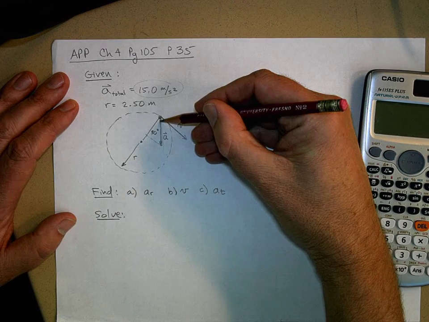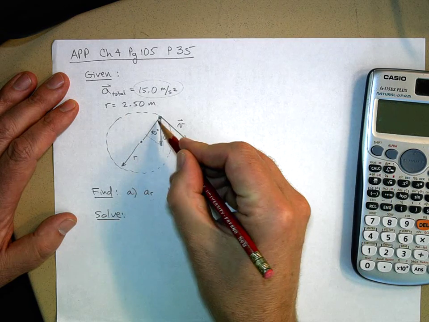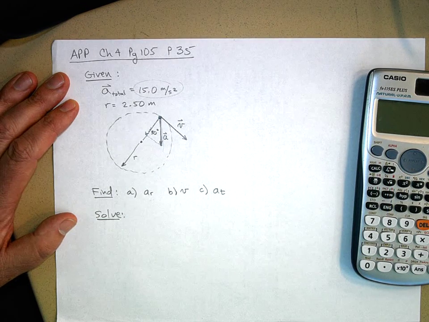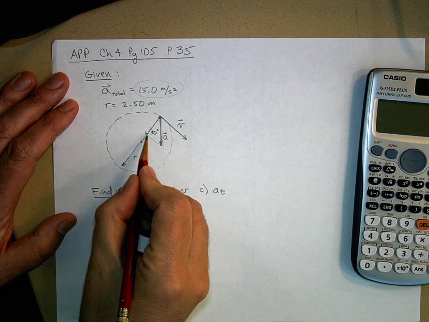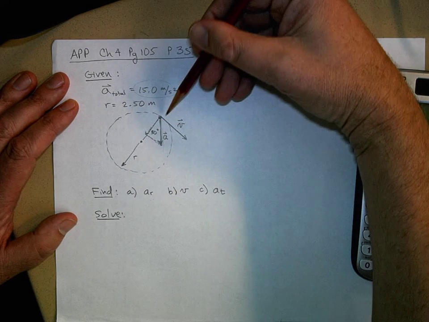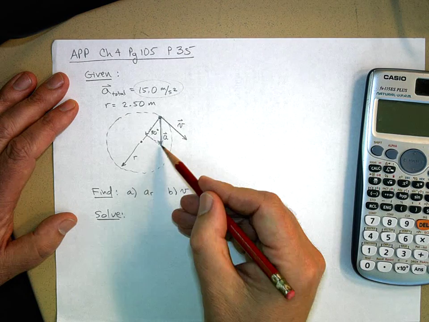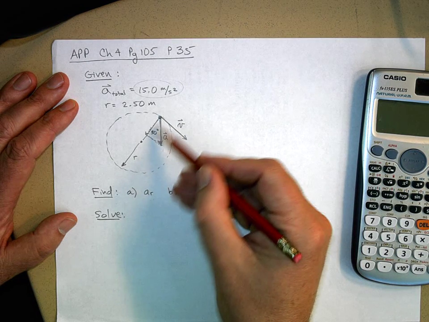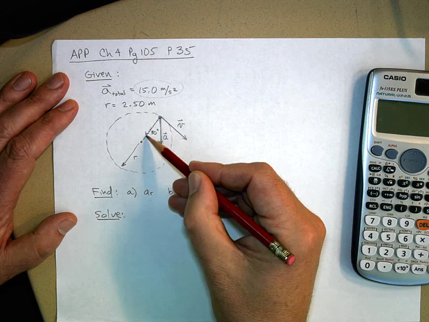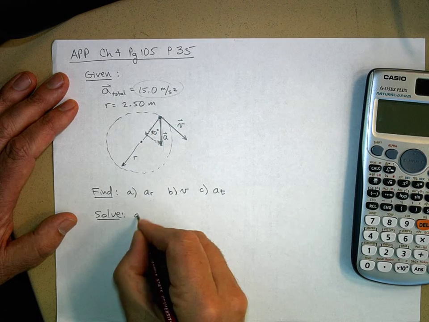So if here's our acceleration, here's the component of the acceleration that's pointed towards the center. And then here's the component of the acceleration that is tangential to the path. That's our tangential acceleration. So this right here is the radial component of the acceleration.